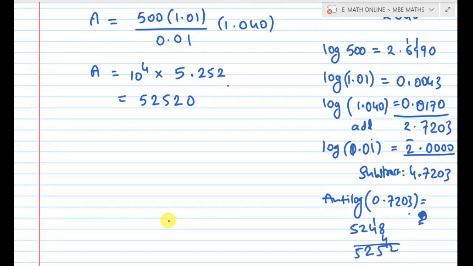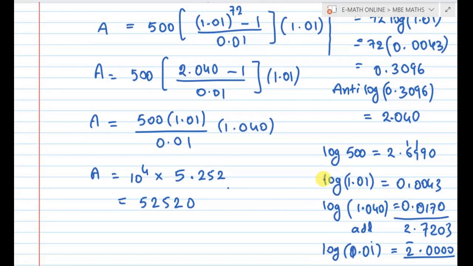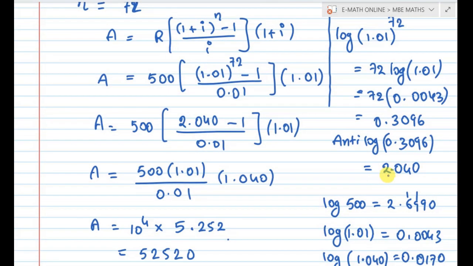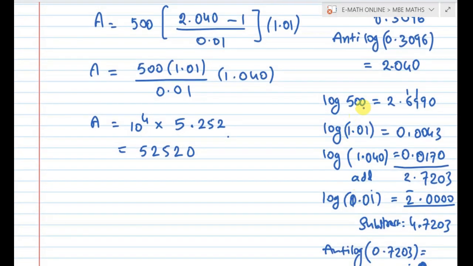Anti-log of 500 will be 2.6990, log of 1.01 is 0.0043, and log of 1.040 is 0.0170, and these are in the numerator, so we will add all these logarithmic values and we will get 2.7203.